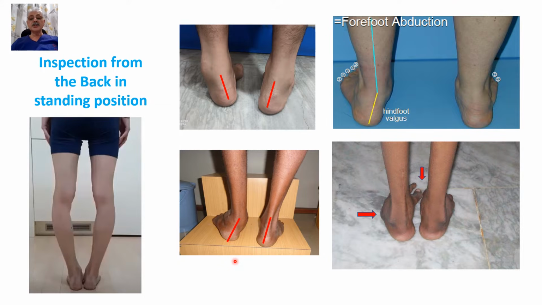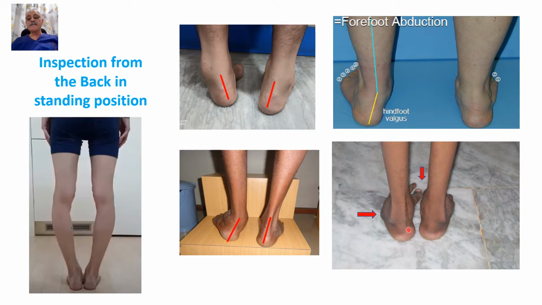It is not only the hindfoot which you can assess in the standing position, you can also assess the forefoot. When the forefoot gets abducted, then you will see the too-many-toes sign, which is commonly seen in the adult flat foot or the adolescent flat foot.